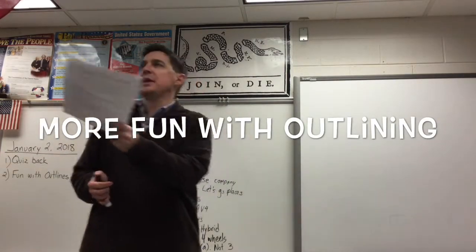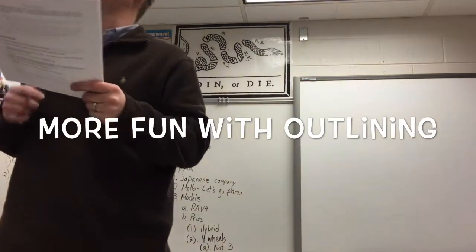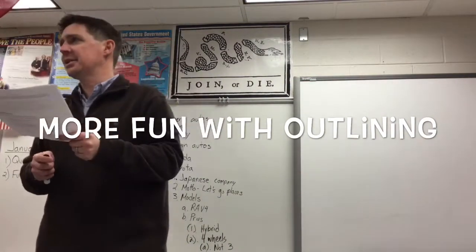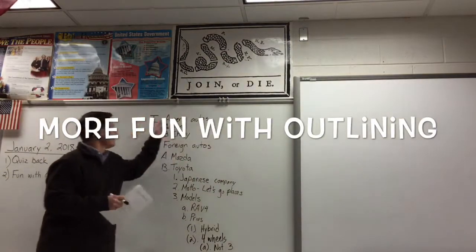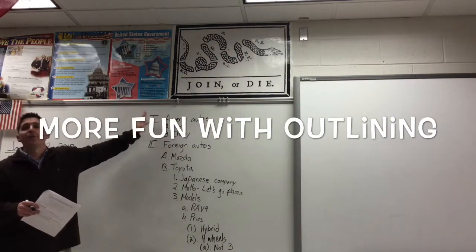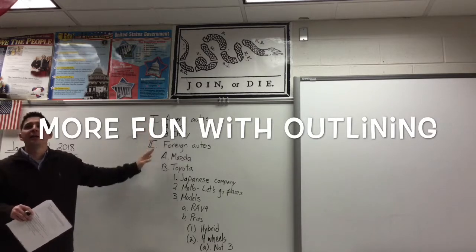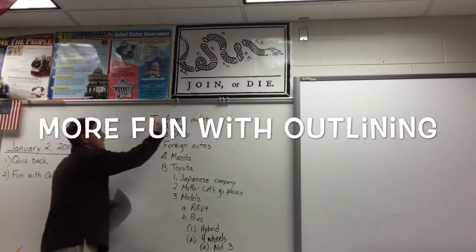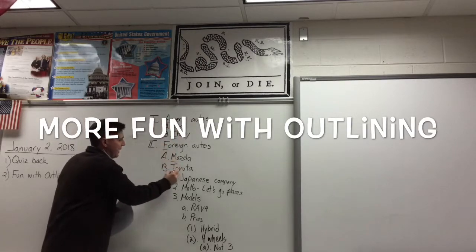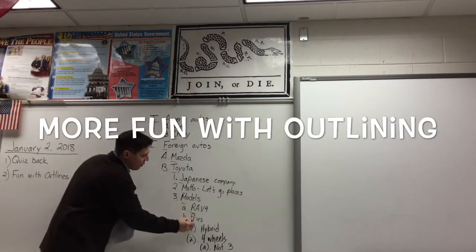Next rule here, capitalization. Now this is something that you and your age group struggle with, the idea of capitalizing. The rule of capitalization for your outline: the first word of every line gets capitalized automatically.